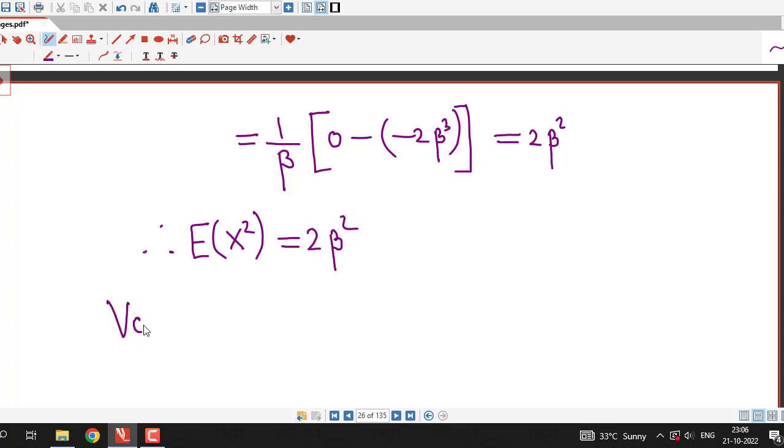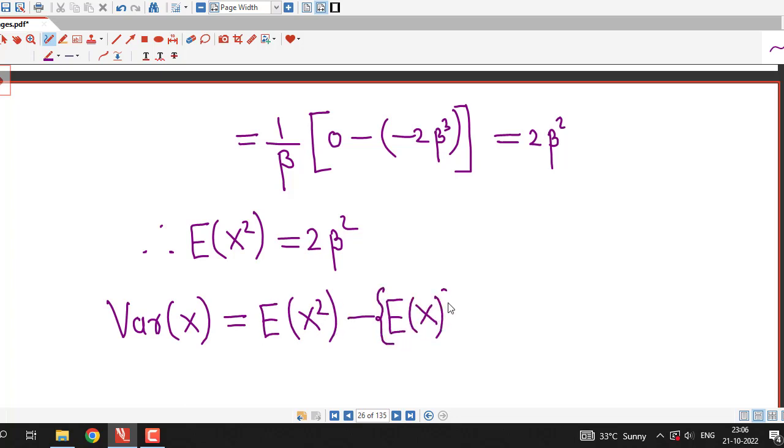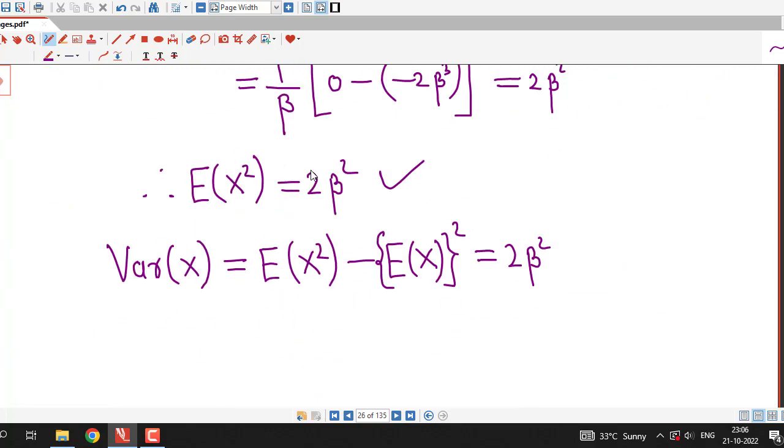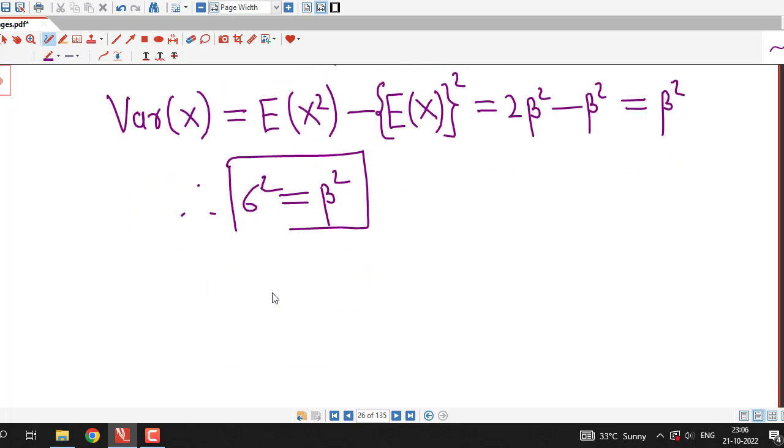Now we are able to find out variance of x. Variance of x is given by expected value of x square minus square of expected value of x. Expected value of x square is 2 beta square, and expected value of x is beta. So we have square of beta, that is going to be beta square, and we have variance equal to beta square. Therefore variance of exponential distribution is beta square and mean is beta.